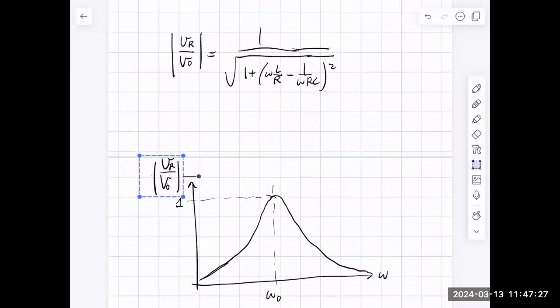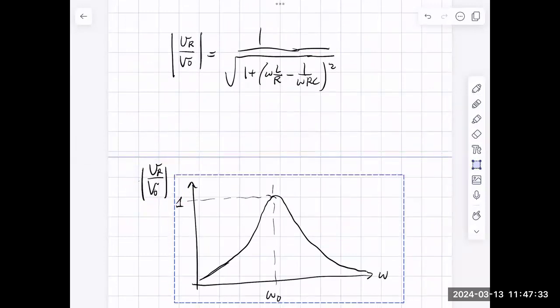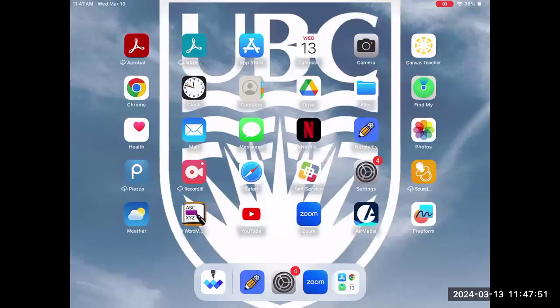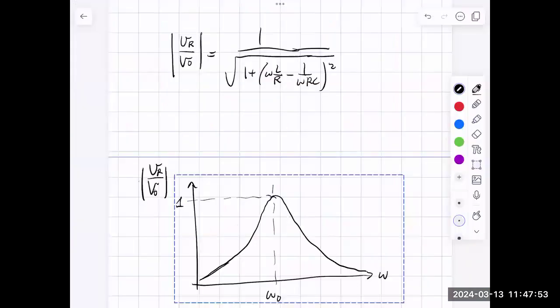Oh, why aren't you moving? Oh no, I'm stuck. Let's see if I close it and open it. Does that help? Nope.